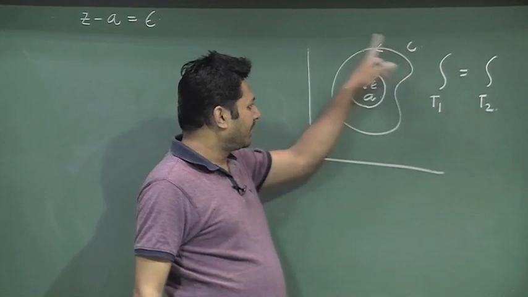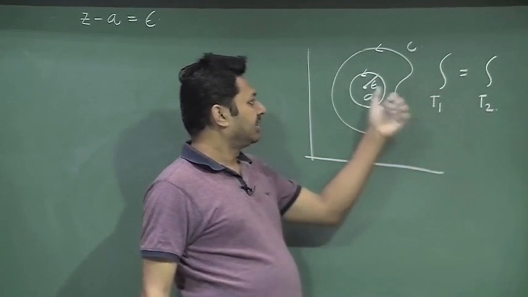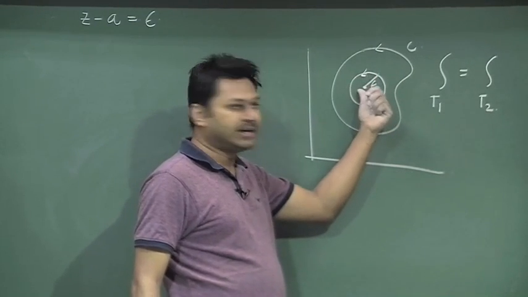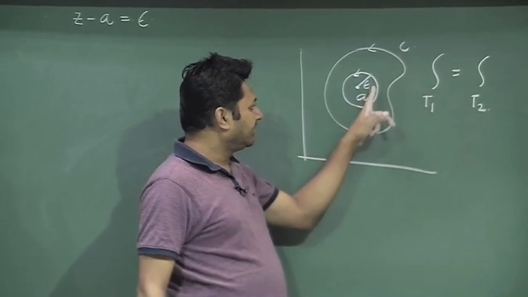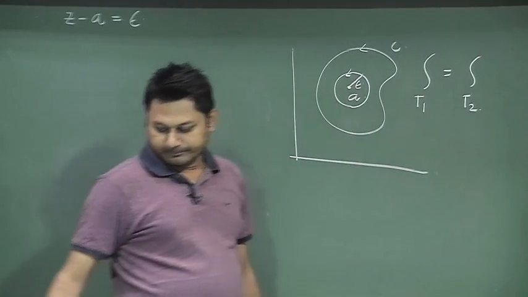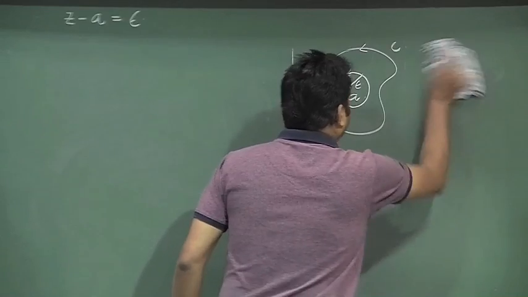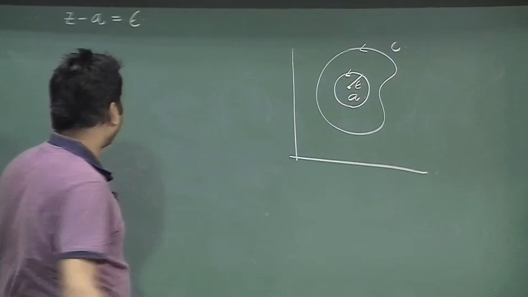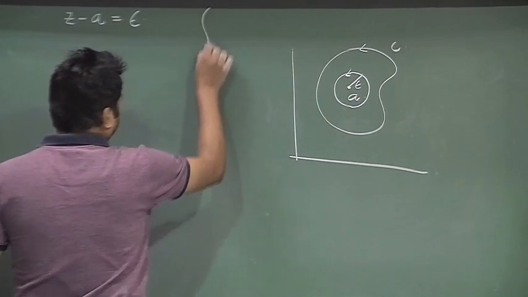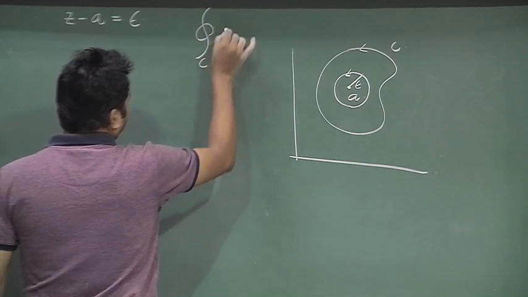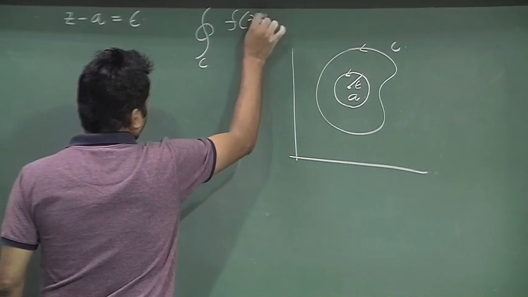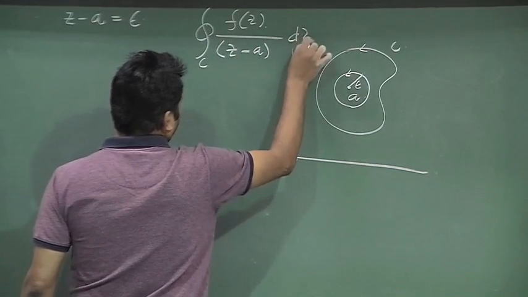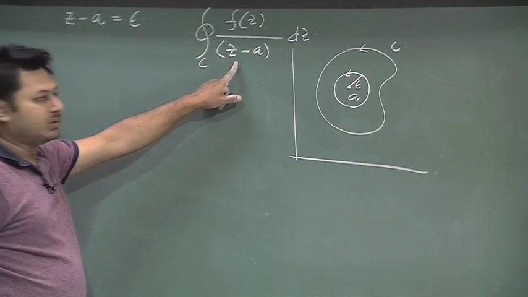So the integration over the bigger circle is the same as over a smaller inner circle inside this region. So I just want to evaluate this quantity, the integral over C of f(z) divided by z minus a, dz.